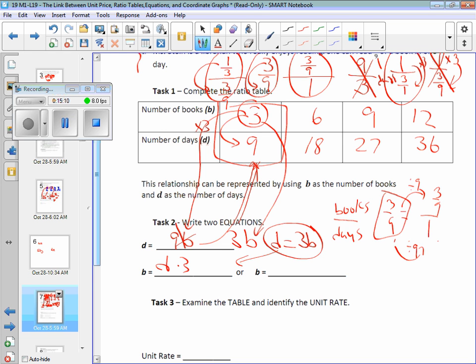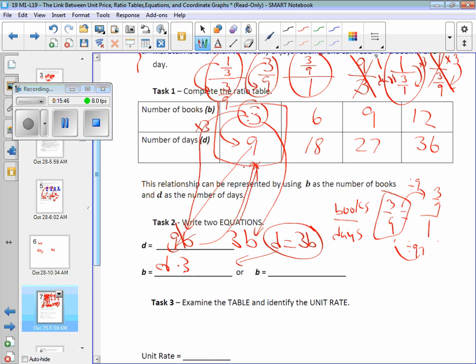Let's see if it works. Okay? Give me a value for D. 9 times 3 is? I mean, 27. I'm supposed to get 3. Take another crack at it. D times. Little hint, if the numbers are getting smaller from what you put into what's coming out, think division.